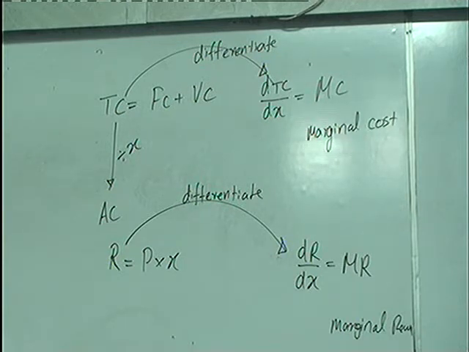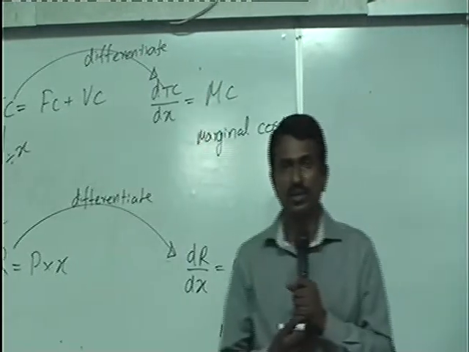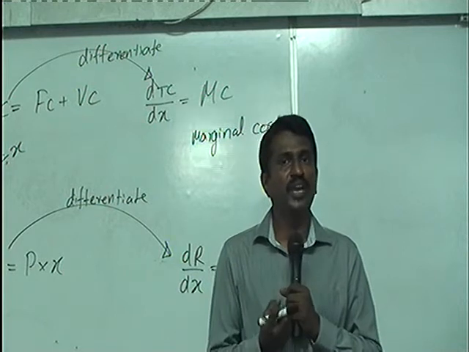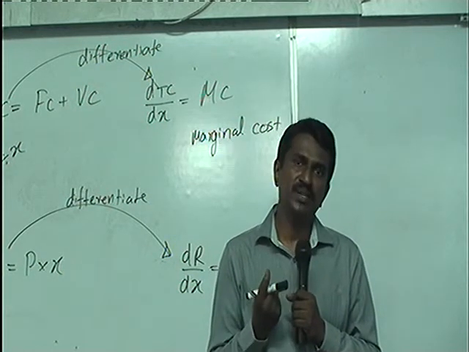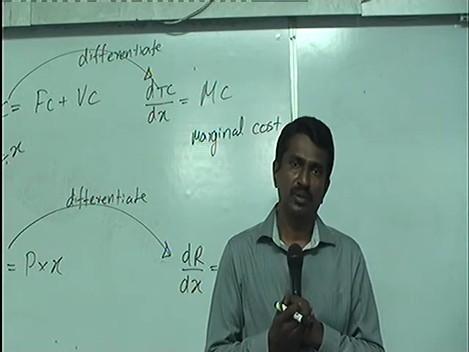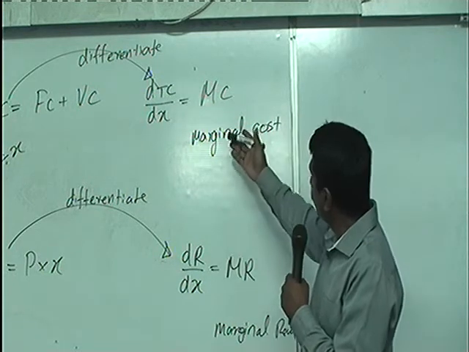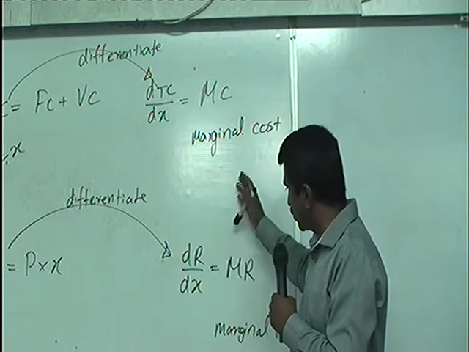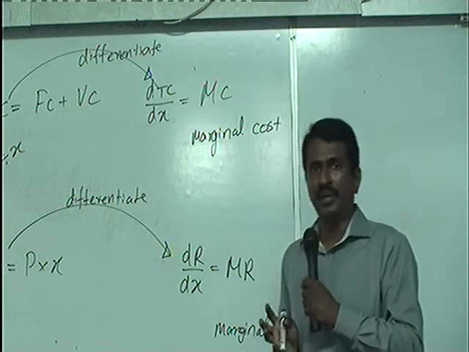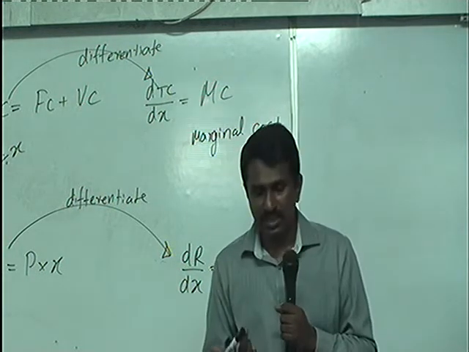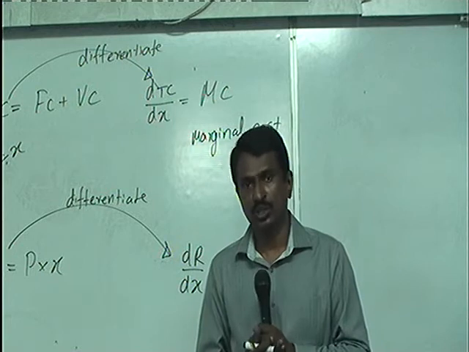The next one is profit maximization. The company objective is to maximize the profit. Sometimes our practical requirement is that companies want to identify the minimum cost.